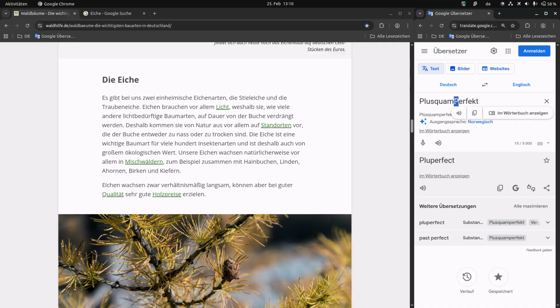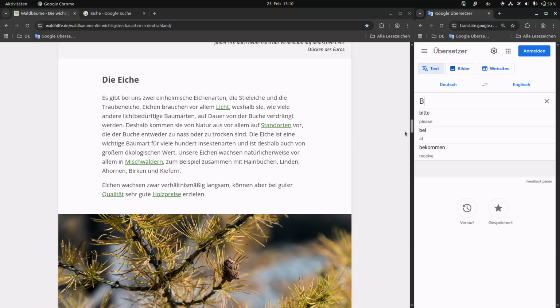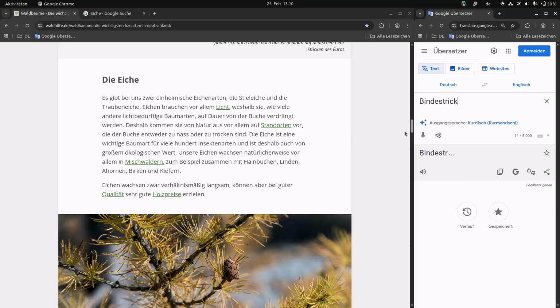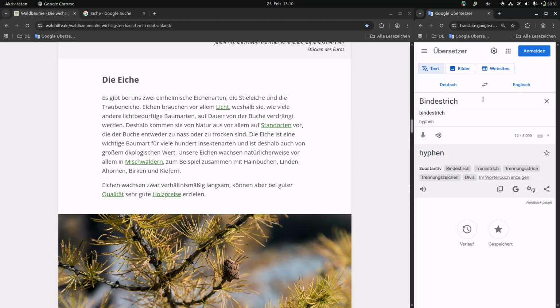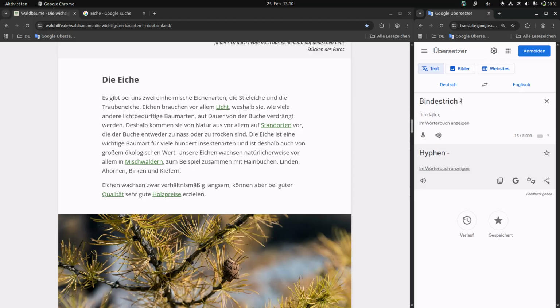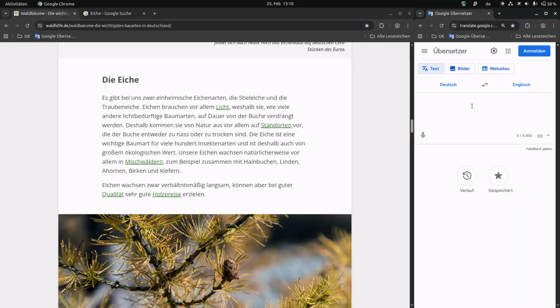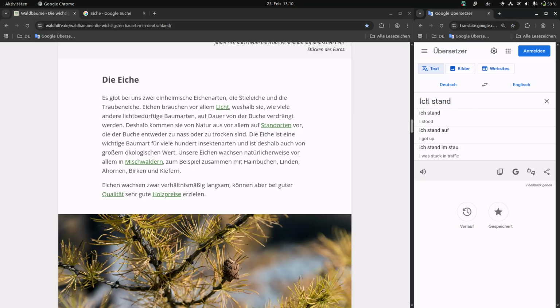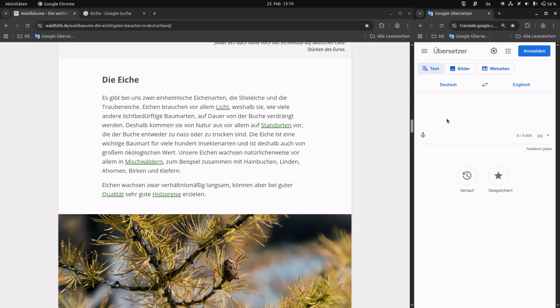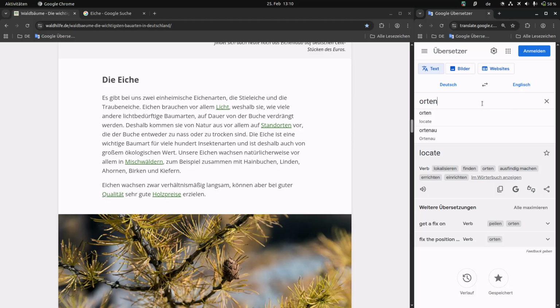In German we call a hyphen a Bindestrich. So Standorten derives from "ich stand", or "es stand", it stood. Ort of course means location. Also orten, to locate someone.